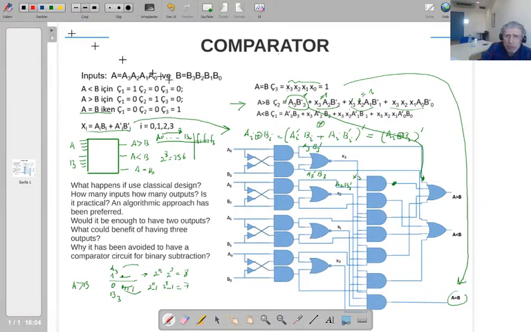I can show it to you in a different color. So this is this one, and this one is this one. The third one. And the fourth one is this one here. When you add them up, you can say that A is bigger than B.